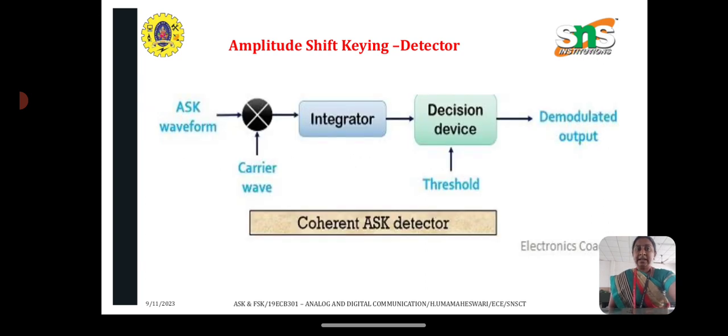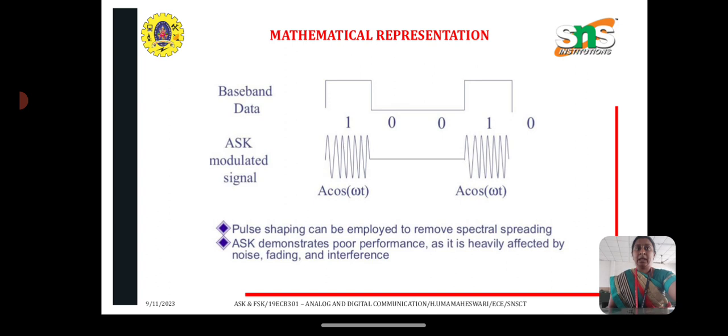This is the detector. As I said, the integrator and decision device are used to control the values. This is the mathematical representation of the ASK modulated signal. If it is 1, the signal is on. If it is 0, the signal goes completely low and we see an off. Pulse shaping can be employed to remove spectral spreading.